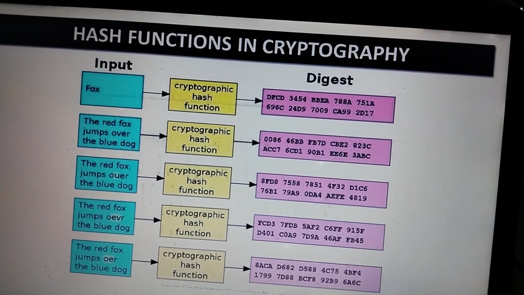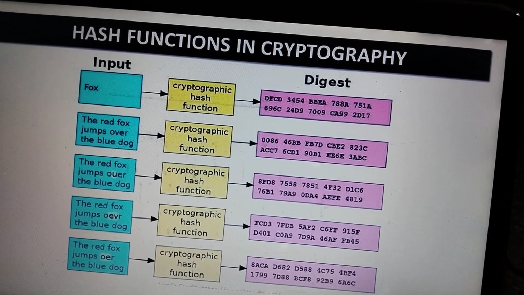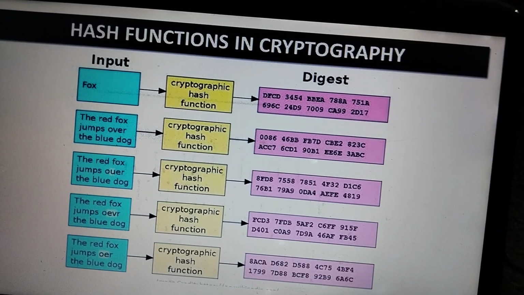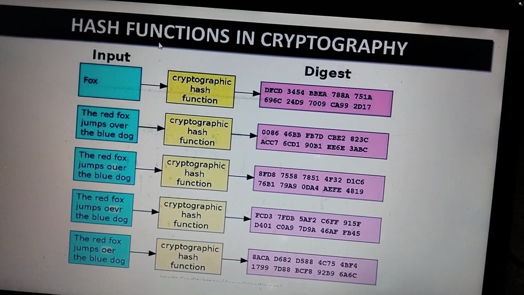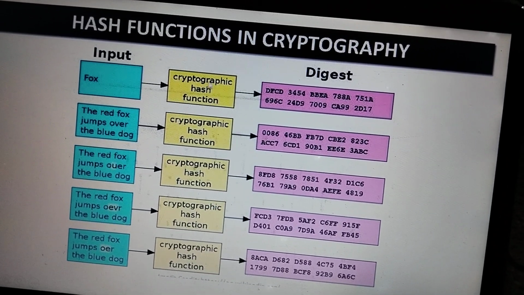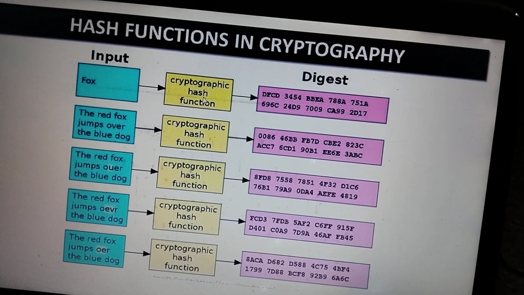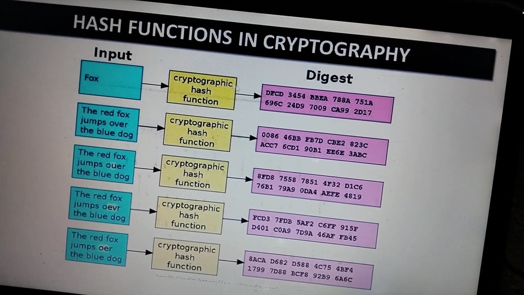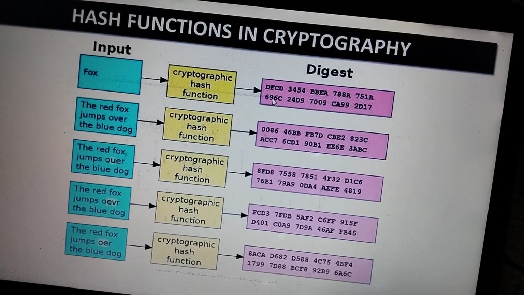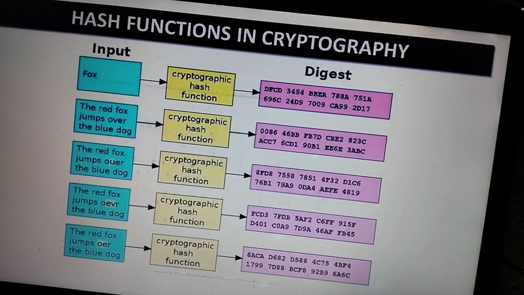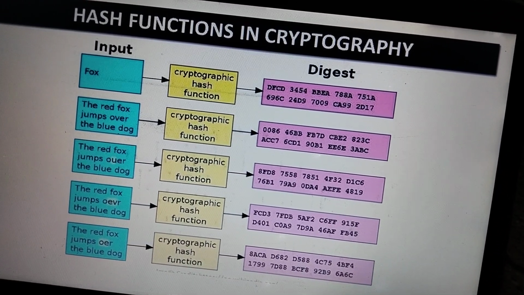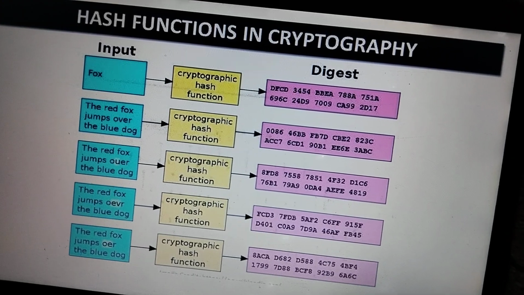And next, we are moving to hash functions under cryptography. In a hash function, we are going to convert the given input into a message digest value, or hash code, or hash digest.